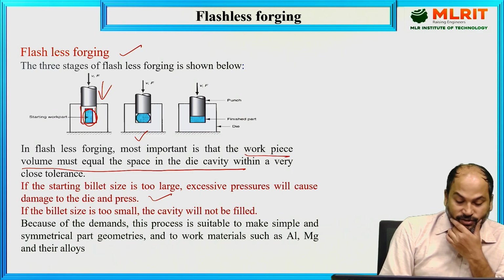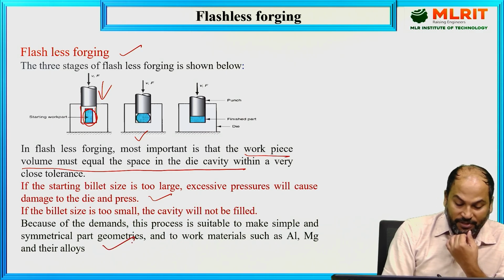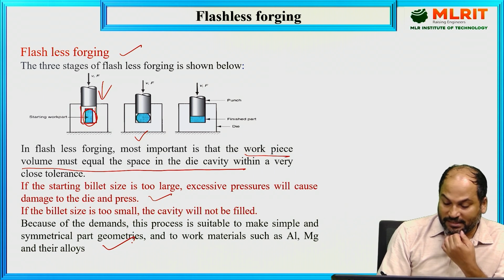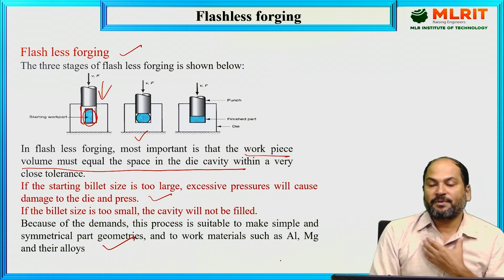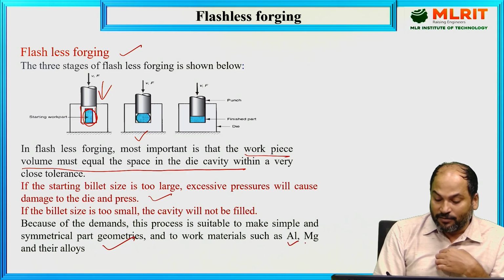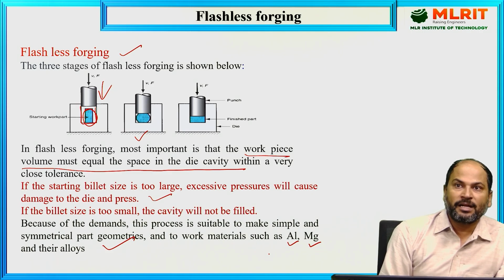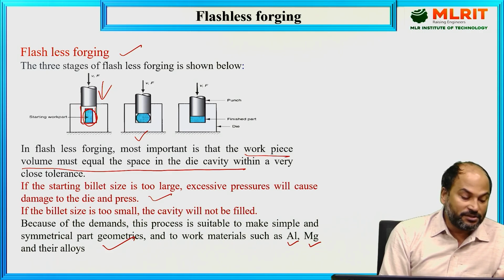Because of this demand, this process is suitable to make simple and symmetrical part geometries and to work with materials such as aluminum and magnesium, especially soft metals which are very easy to deform. So this process is generally used for this kind of metal.